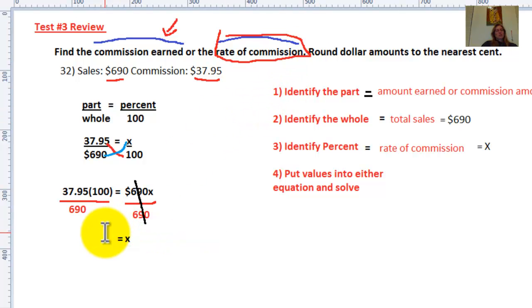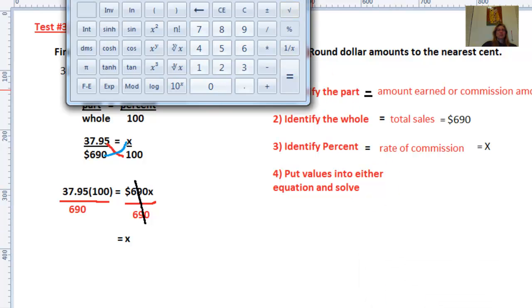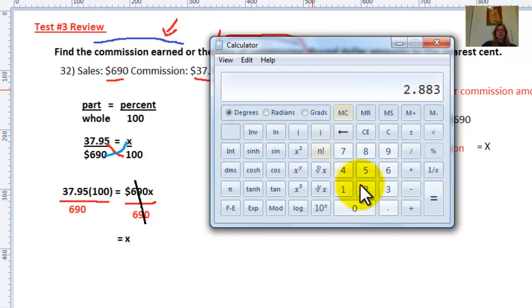So let's do this math here, and we can use our calculator. That will be 37.95 times 100 divided by 690. The answer will be 5.5.